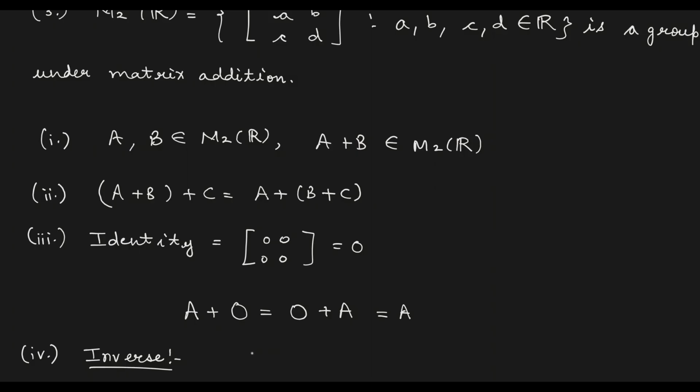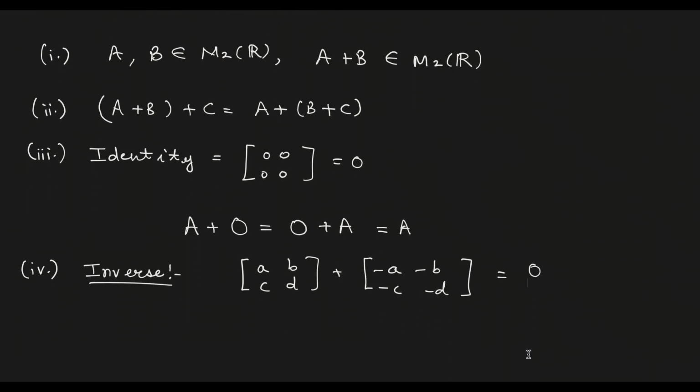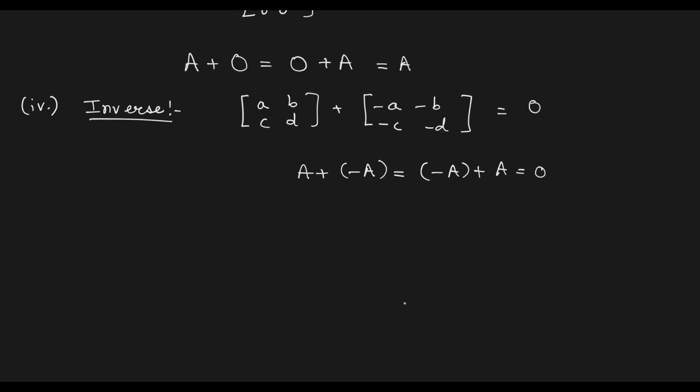That is minus A, minus B, minus C, minus D. Yes, A, B, C, D and minus A, minus B, minus C, minus D. This is equal to 0. This means that A plus minus A is equal to minus A plus A, which is equal to 0. So this is a group.